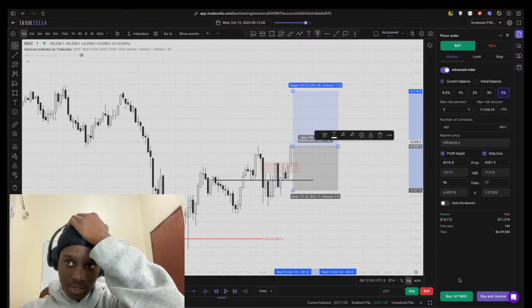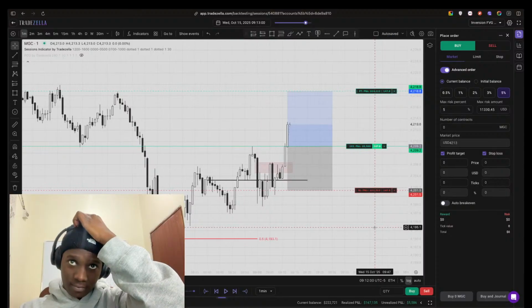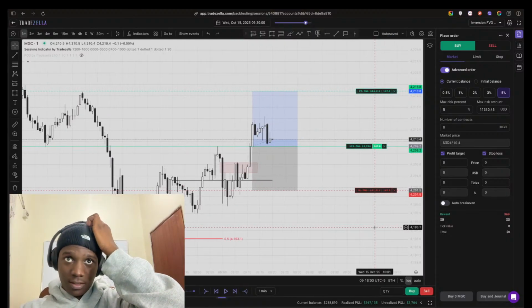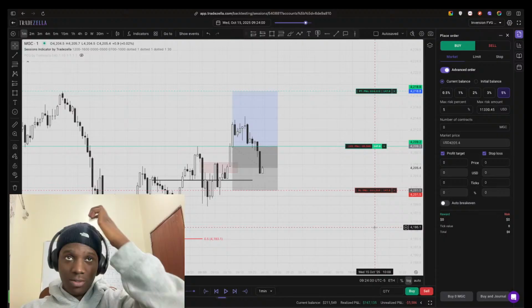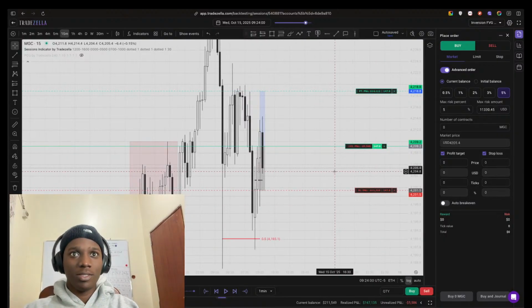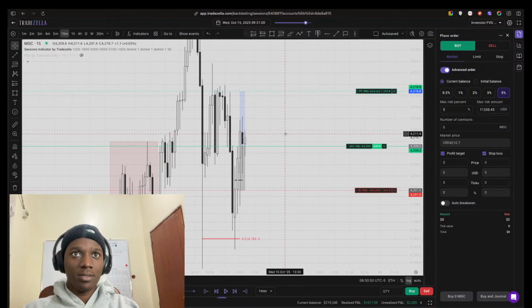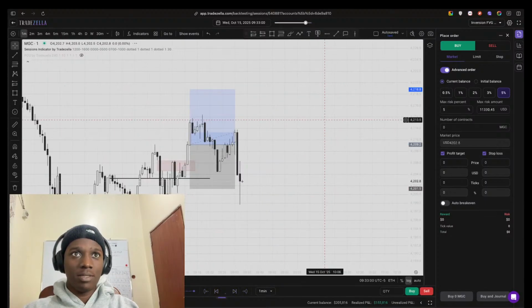Let's try out longs here. And price is moving real slow. Yeah, we're about to get cooked here. And bang, get stopped out.